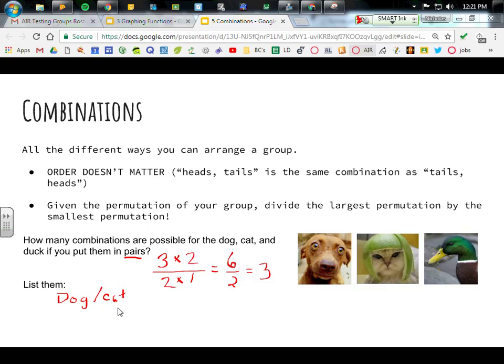All right, now we could not list cat dog as another combination because that's the same as dog cat. Doesn't matter what order you put them in, it's the same combination. All right, we could have dog duck. And then our last combination would be cat duck.